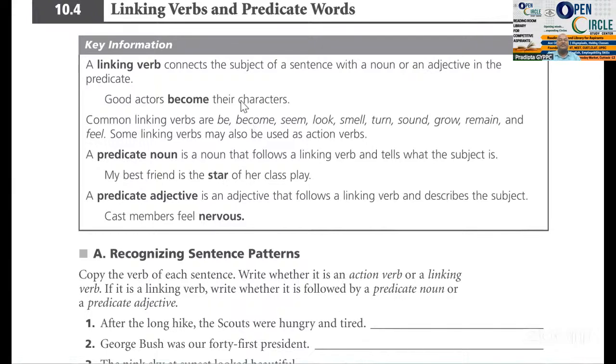Good actors become their characters. What is the meaning of this sentence? The word character has two meanings. One is an abstract meaning, charitra.